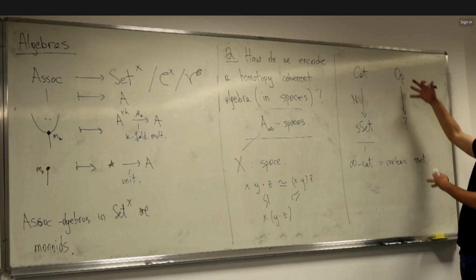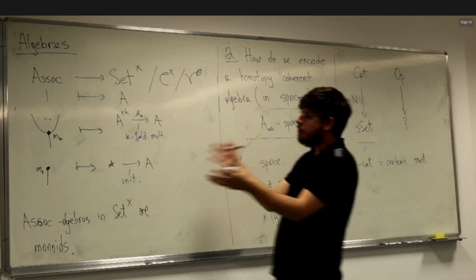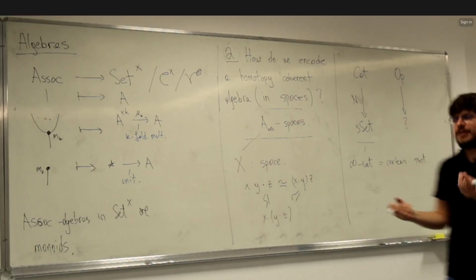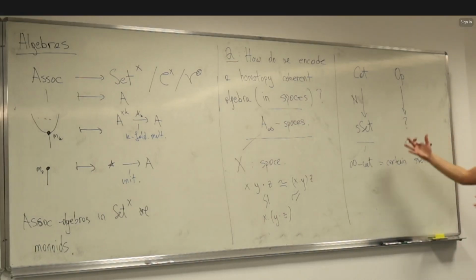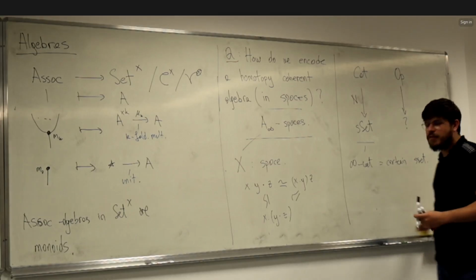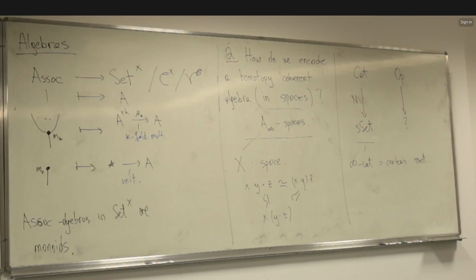Can we have some sort of nerve, and how can I combinatorially keep track of what an operad is, basically? And is there a simplicial way to do that? Because that would be so nice. And the answer is yes. So we developed this idea, which I'd like to briefly talk about today.